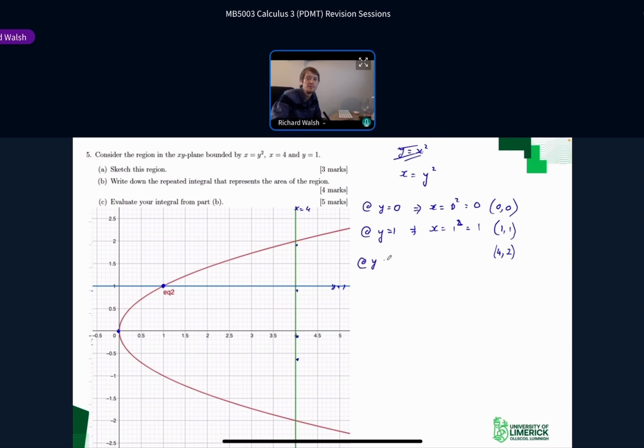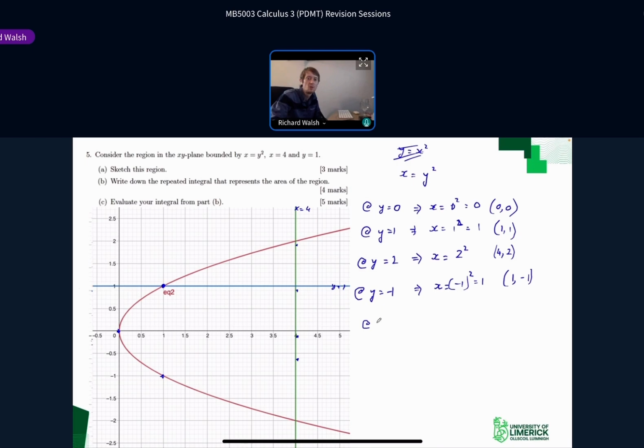I'll just keep writing them for the sake of it. When y equals 2, x would equal 2 squared, because x equals y squared is what we're told. At y equals minus 1, x would equal minus 1 squared, which is plus 1. So x is 1 when y is minus 1. So (1, minus 1) is on it.